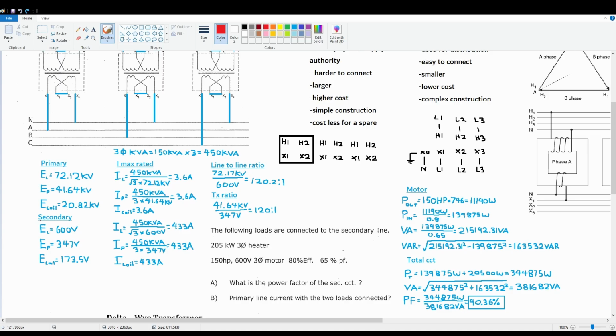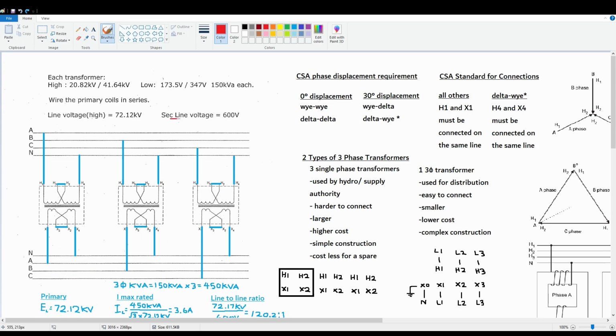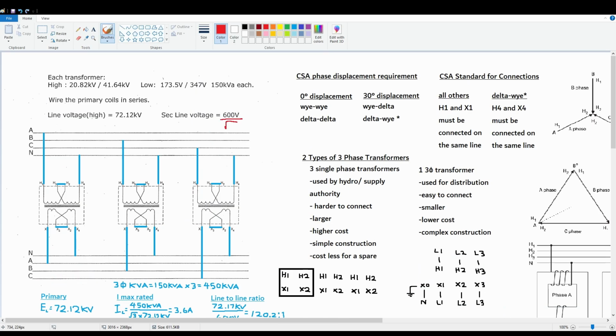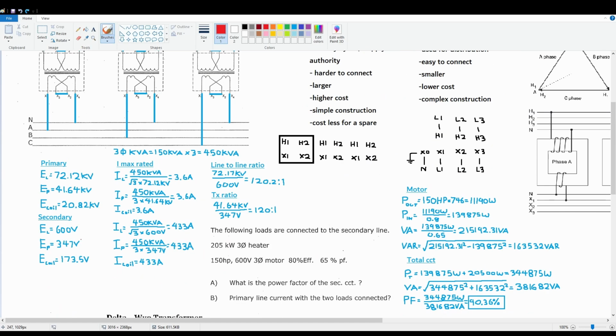Secondary side, line voltage is going to be 600 volts. Since we connected it in Y, it'll be root 3 less, which is 347. So our phase voltage is 347. Each coil is going to be 173.